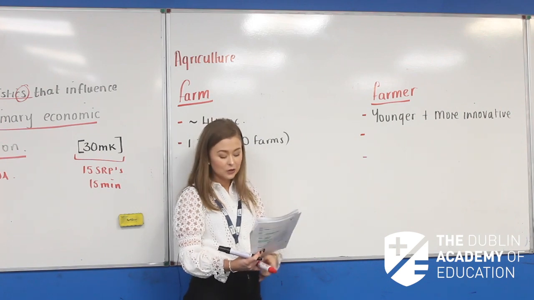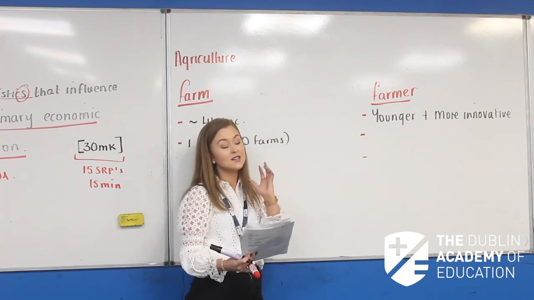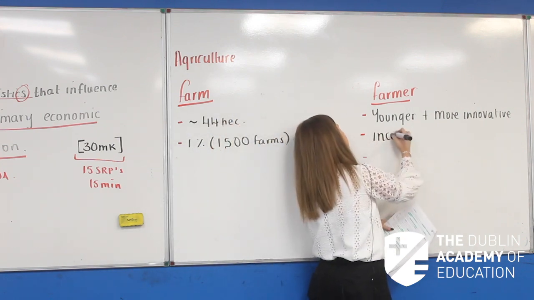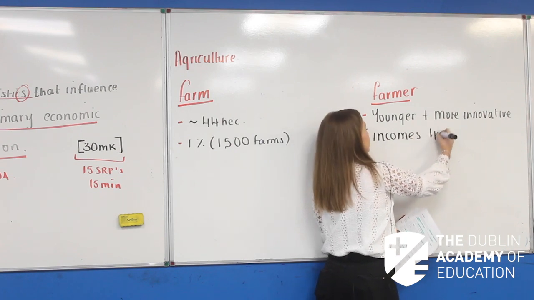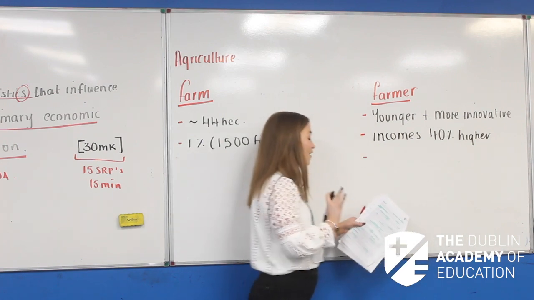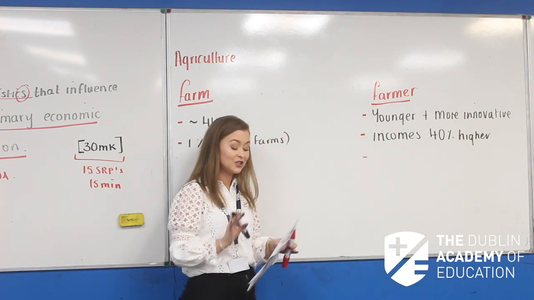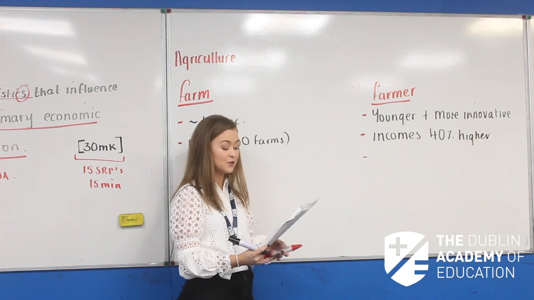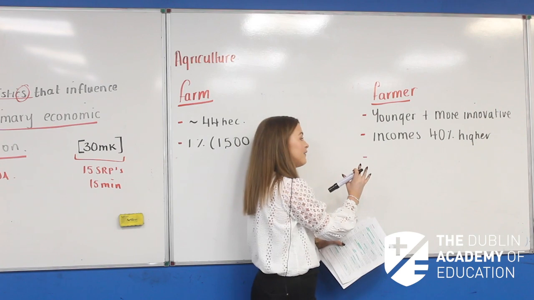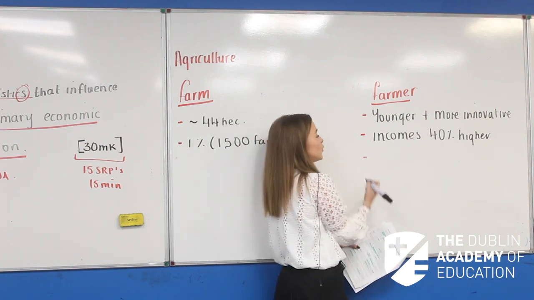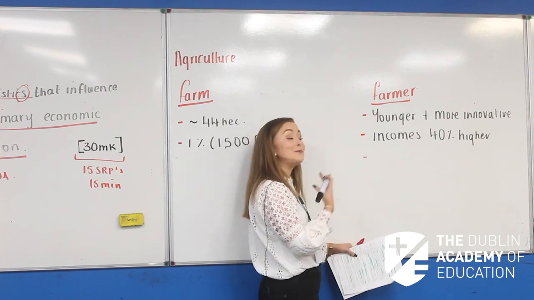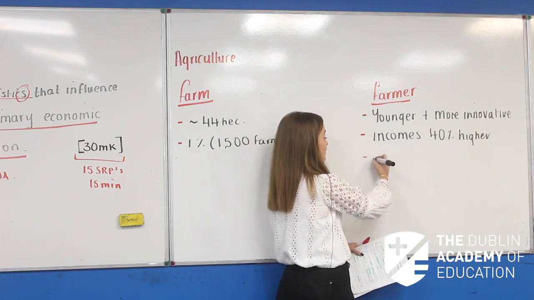Now, as a result of this, incomes are 40% higher than the national average for farmers. As we mentioned, they're very young, innovative, more educated, but also a good point to mention is they're market orientated. It's very much seen as a business, which helps profits.